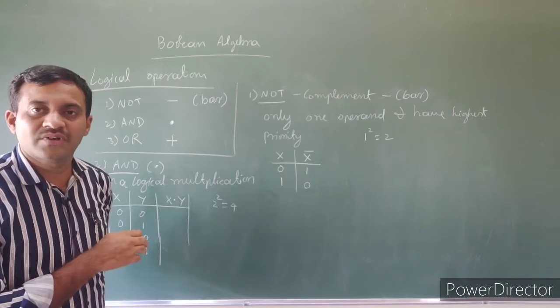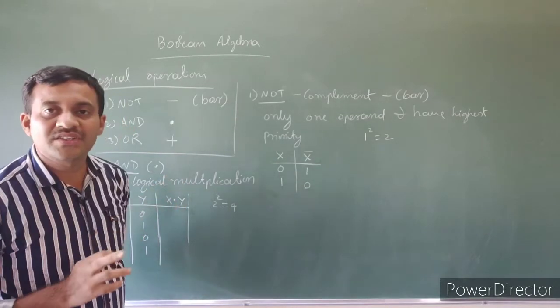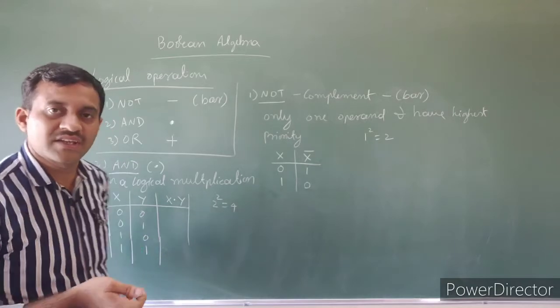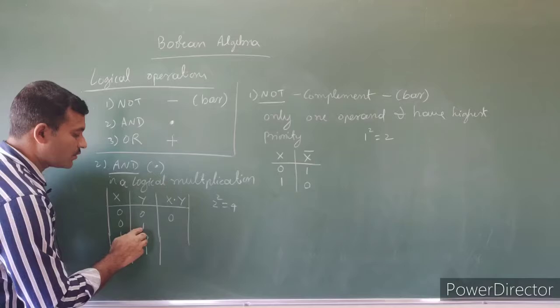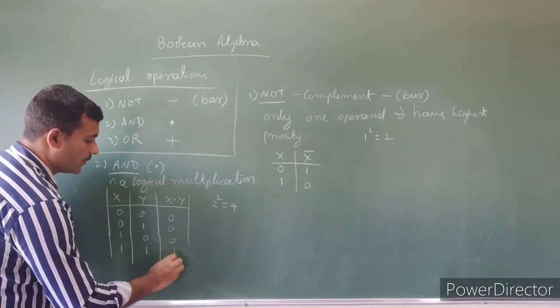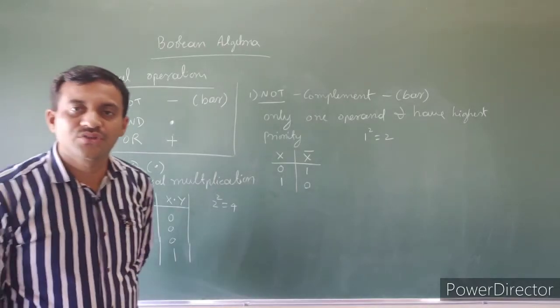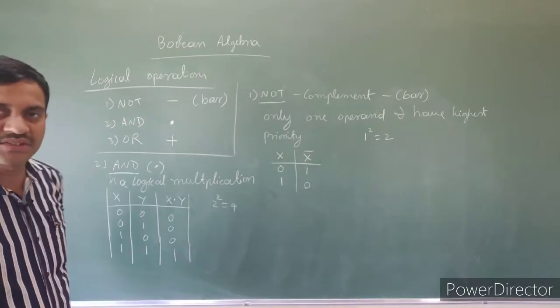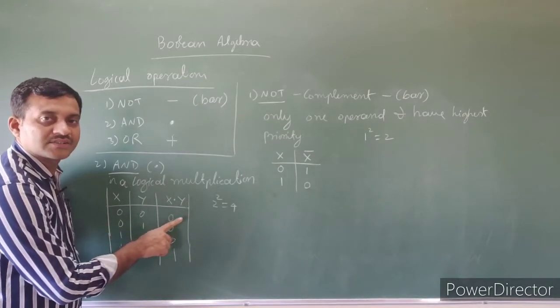Then what is the output of the AND operator? It is a logical multiplication. Hence the outputs are 0, 0, 0, 1. What is 1 here? 1 refers to true, 0 refers to false. False, false, the output is false.